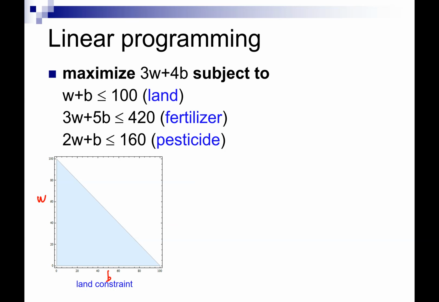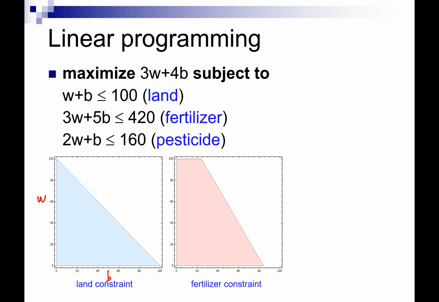If you plot that, this corresponds to this blue area in the plane. You see that this blue area is characterized by this line, which is W plus B exactly equals 100, and everything beneath that line, we have W plus B is less than or equal to 100. So that's just for the land constraint.